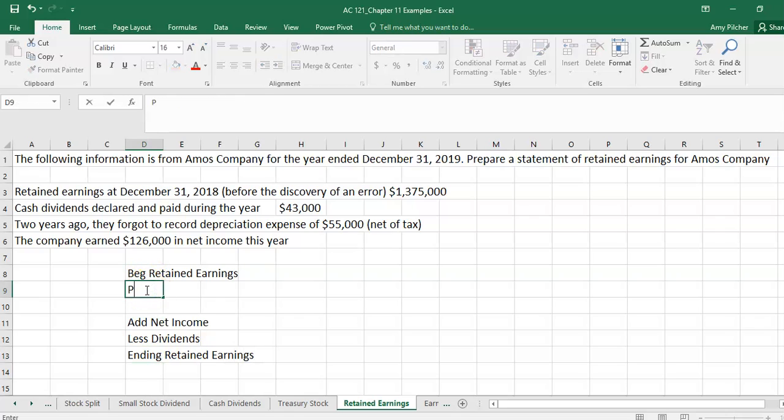When we have a prior year adjustment, we calculate that in, and then we have adjusted beginning retained earnings.